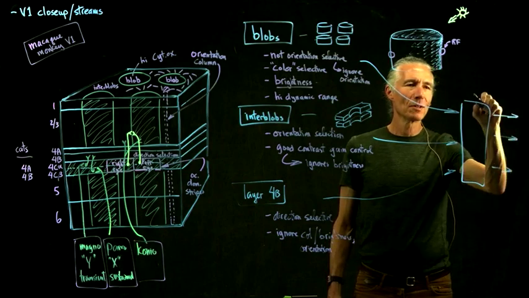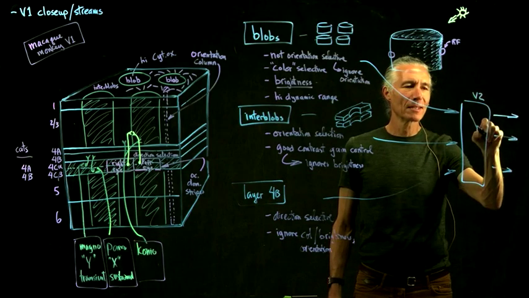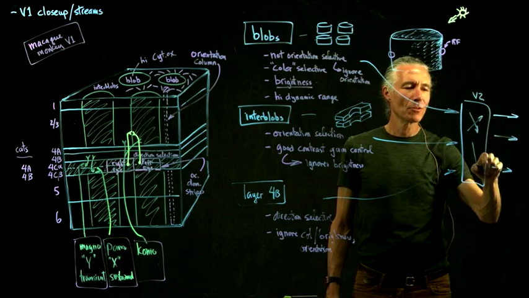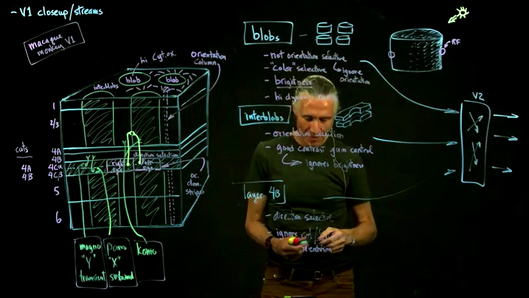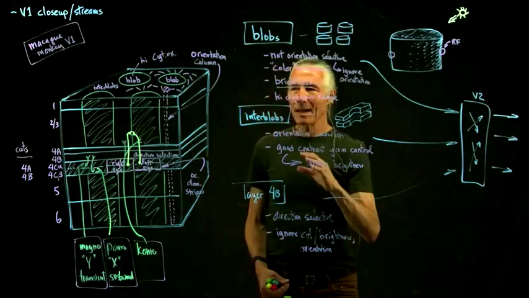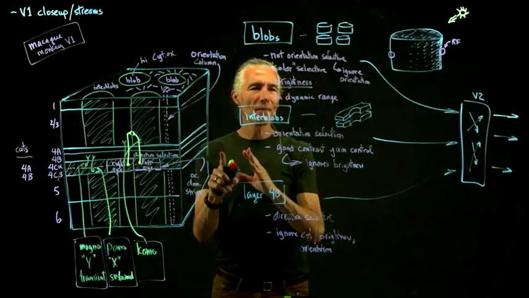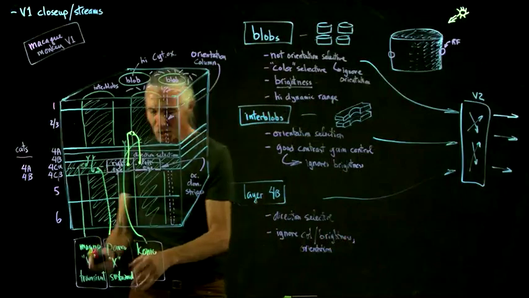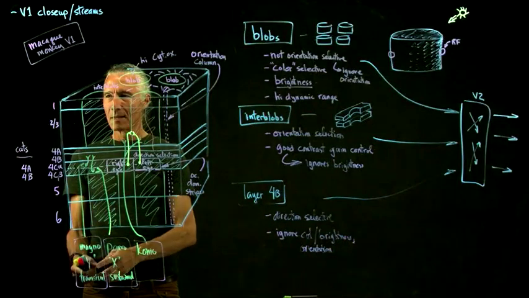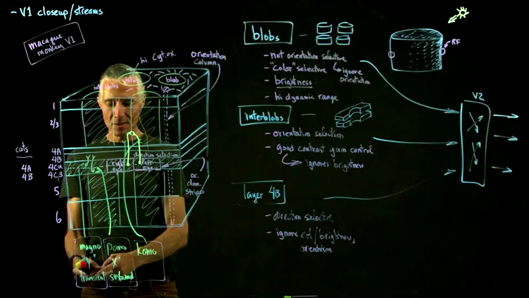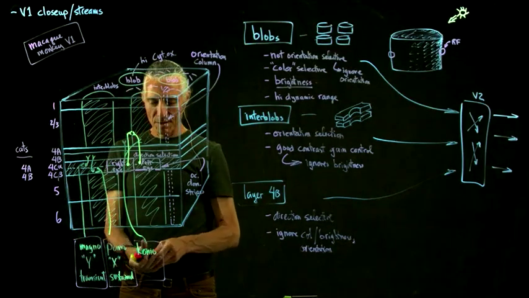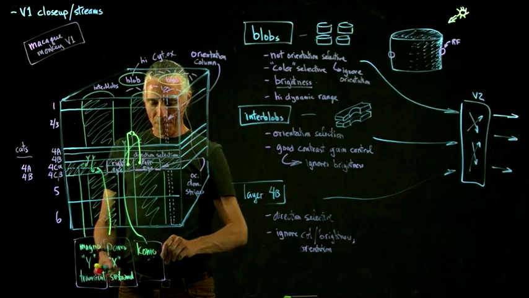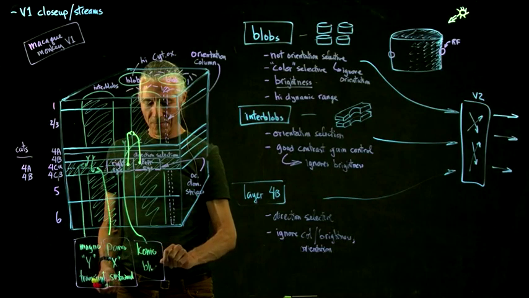When we get to V2, there's a lot of mixing occurring, and then we end up with some higher level streams. So at the level of geniculate, the streams were the magnocellular, these transient ones and sustained ones, and then these koniocellular ones that are blue.